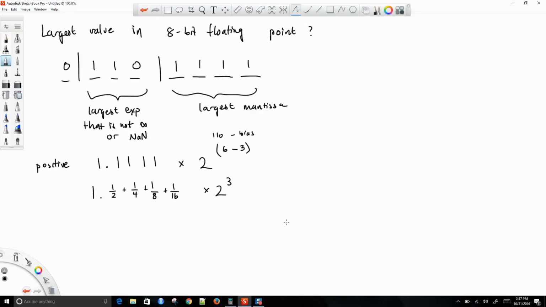Question: where did the extra 1 come from? You mean this one right up here? The thing is, in scientific notation, we know that the leading digit is always going to be a 1, because when you put things in scientific notation, you never have a 0 as the leading digit. Because the leading digit is always a 1, there's no need to waste a bit to indicate that.